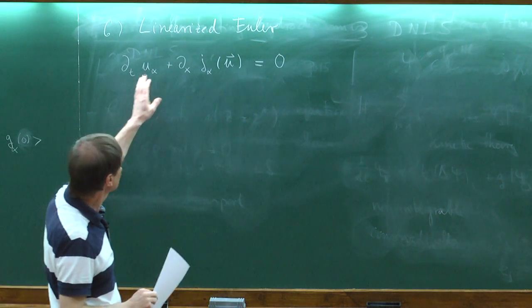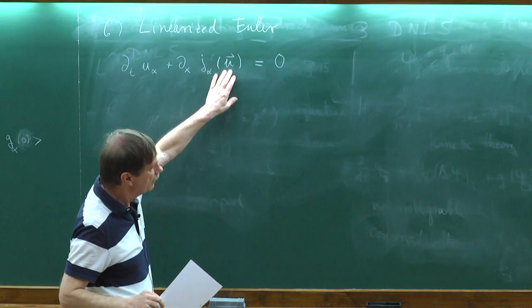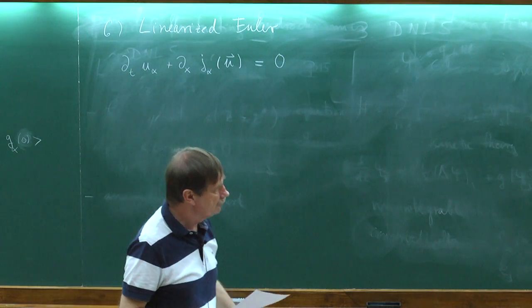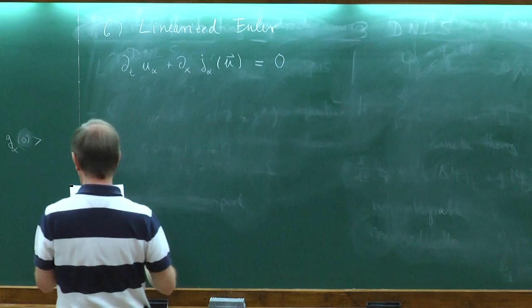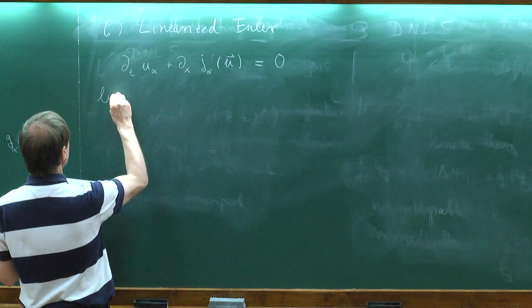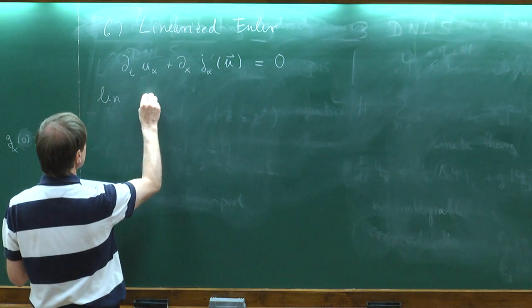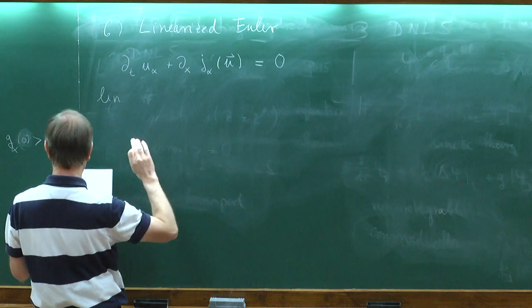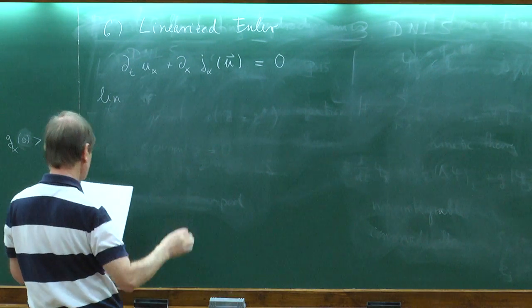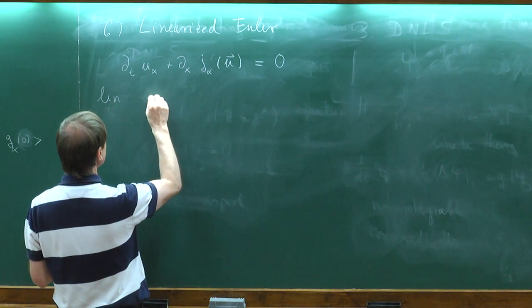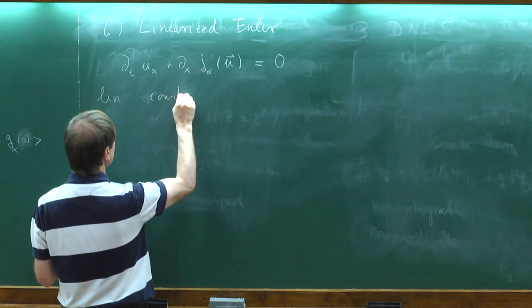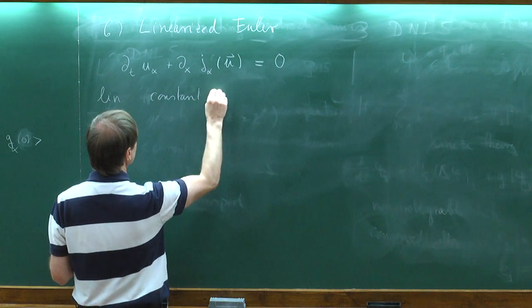You have 3 of them, and they depend on all fields in a particular way. Well, we want to linearize, and I linearize around the constant background.